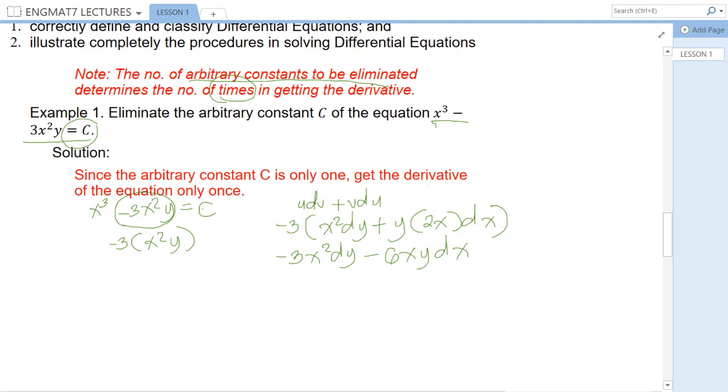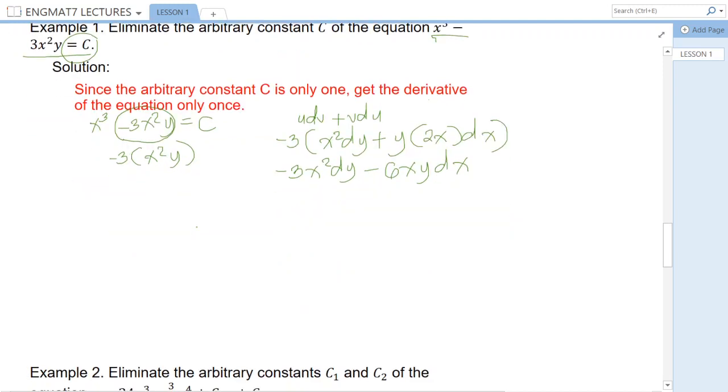Okay, so rewriting the original equation, what is the derivative for x cubed? That is 3x raised to 3 minus 1, so that is 3x squared. The derivative for negative 3x squared y is negative 3x squared dy minus 6xy dx, and this equals 0, since the derivative of a constant is 0.